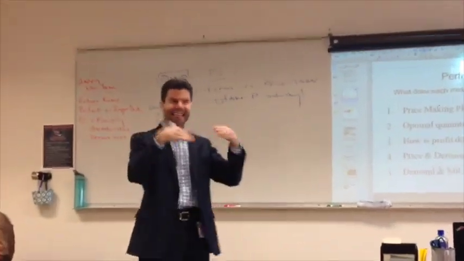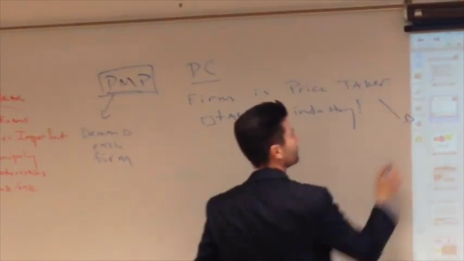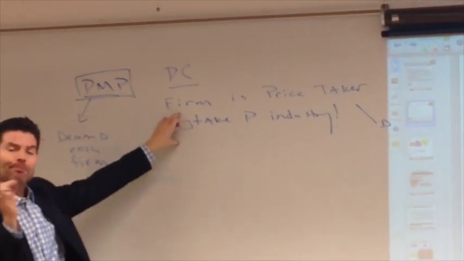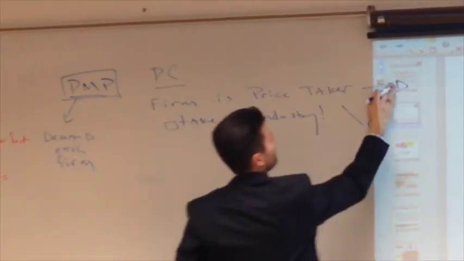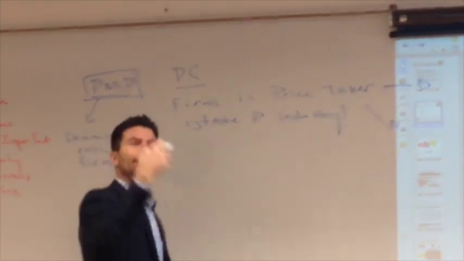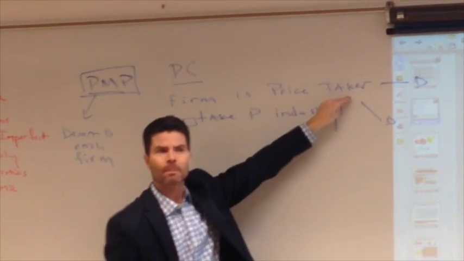So when we look at any industry curve, an industry curve is going to have a downward sloping demand curve. But since every firm is a price taker, that means that their demand is going to be perfectly elastic because they take the price that the industry sets. That's what being a price taker is.